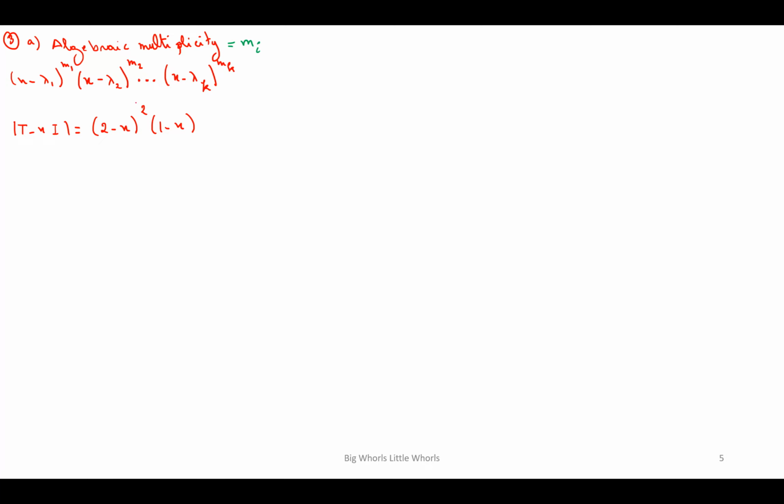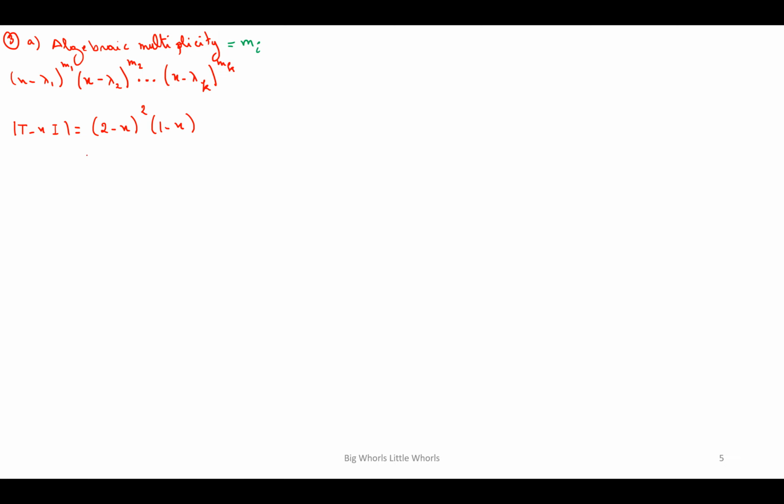Or if you want, let me rewrite it in x minus lambda. Here we have lambda minus x, but we can write it as x minus lambda.